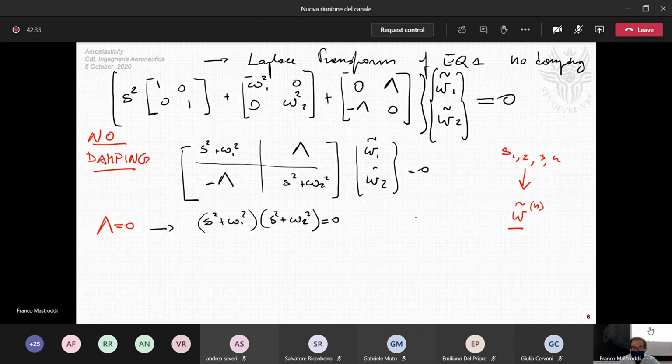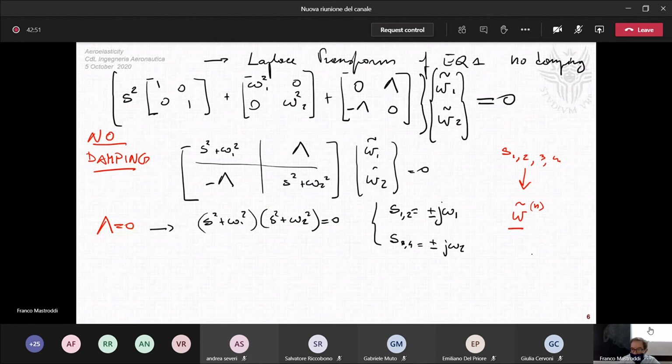So your 4 poles are S1,2 equal to plus minus j omega 1, and the other 2 poles, 3 and 4, plus minus j omega 2.